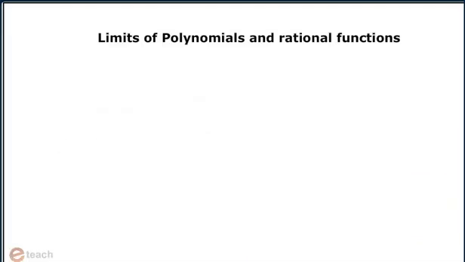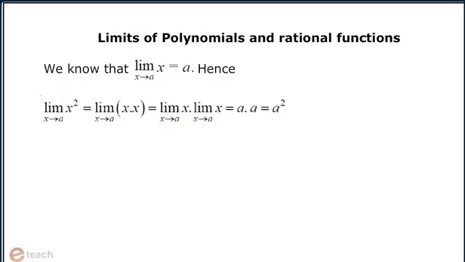Limits of polynomials and rational functions. We know that limit x tending to a, x equals a. Hence, limit x tending to a, x square equals limit x tending to a, x into x, which equals limit x tending to a x into limit x tending to a x, that is equal to a into a, which is finally equal to a square.